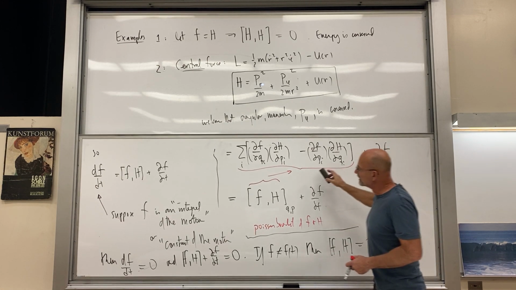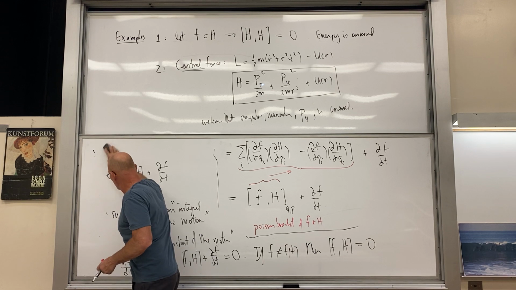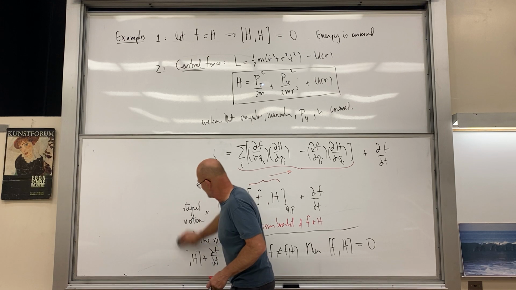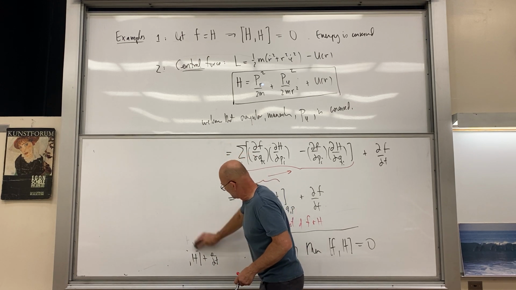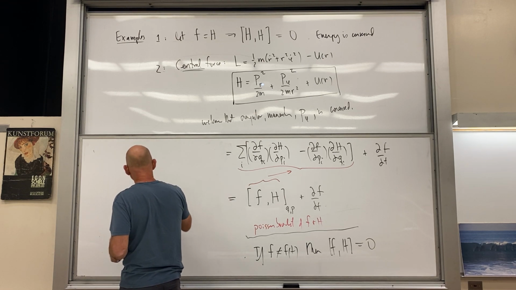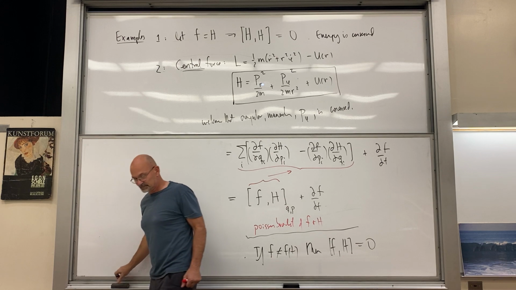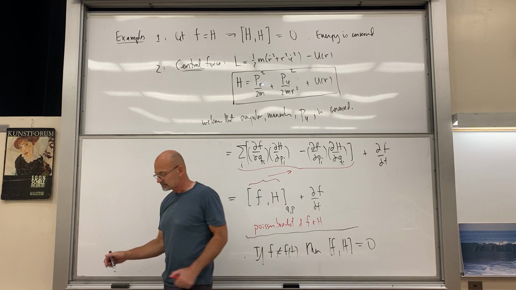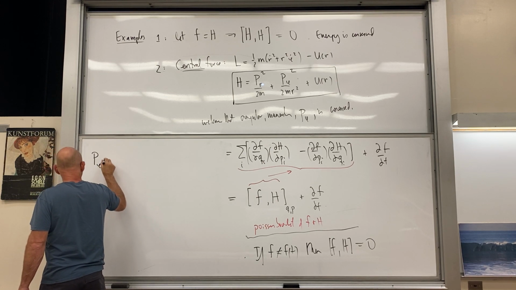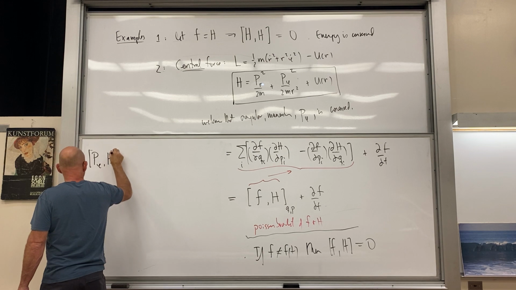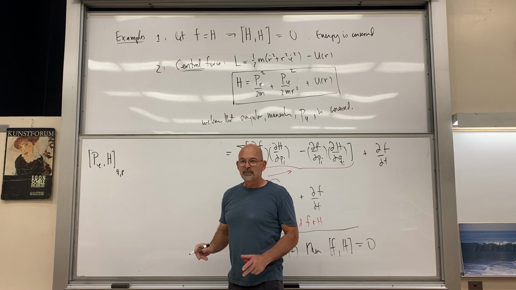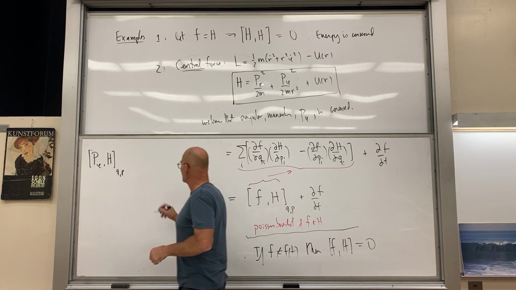So this is what we have to evaluate over here. We want to calculate the Poisson bracket of p sub phi and H. I'm just going to write q, p like this. And let's go ahead and expand out the whole definition first.